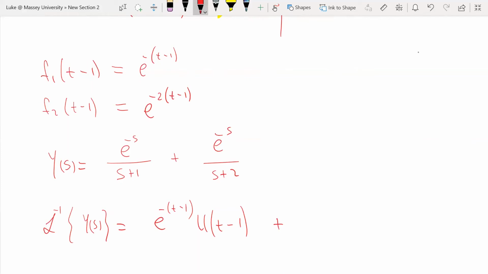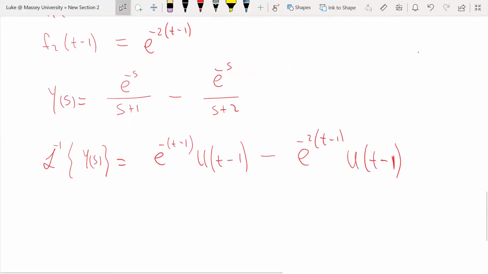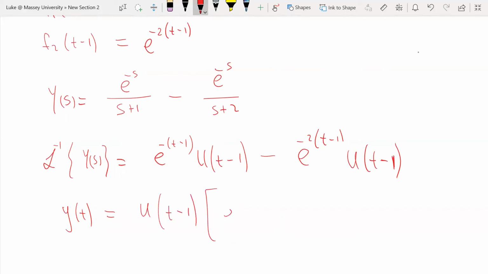Sorry, this should be a minus here. This is equal to y(t). Let's pull out that common factor of u(t minus 1), times e to the minus (t minus 1) minus e to the minus 2(t minus 1).